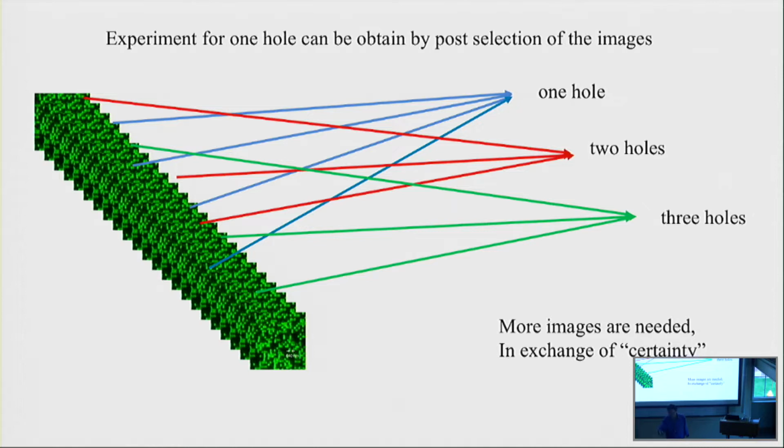Then you select out the data that have 1 hole and average out all the 1-hole pictures. By post-selecting the data and averaging over the post-selected data, one can then compare with the result that we are going to talk about.